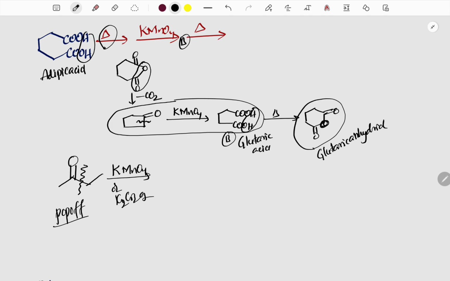Based on Popov's rule, this CO carbon will be attached to the lesser number of carbon chain. Suppose this carbon is labeled, CH3COOH. So this carbon is attached to the lesser number of carbon chain and the remaining is also a carboxylic acid.